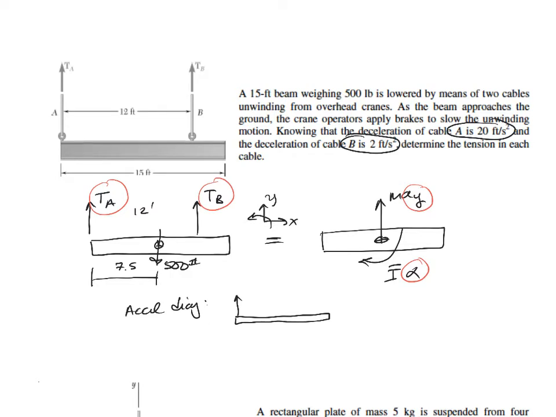So over on the left side, I would have point A, which would be 20 feet per second squared. Over at point B, which again would be 12 feet away, I would have 2 feet per second squared.